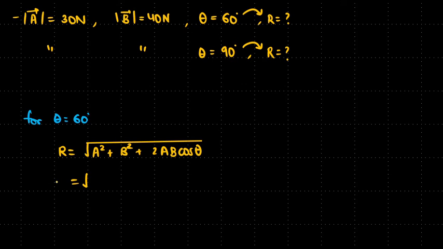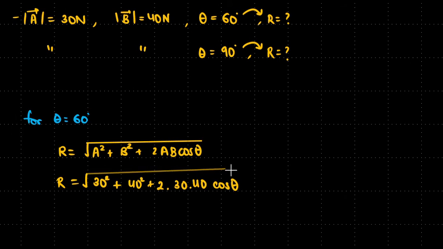The value of A is 30 newtons, B is 40 newtons, so we have 2 times 30 times 40 cos theta, where theta is 60 degrees. You can do this mentally, but I'm going to use a calculator.